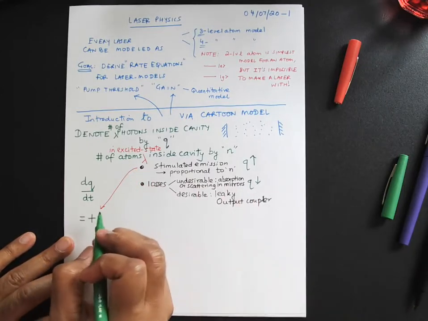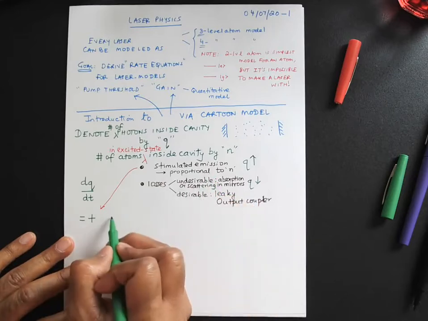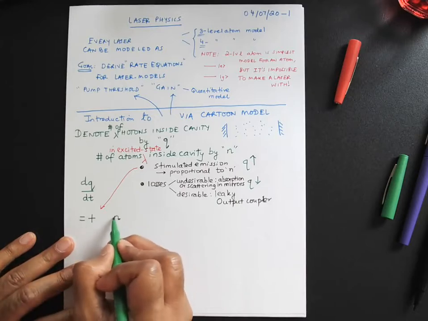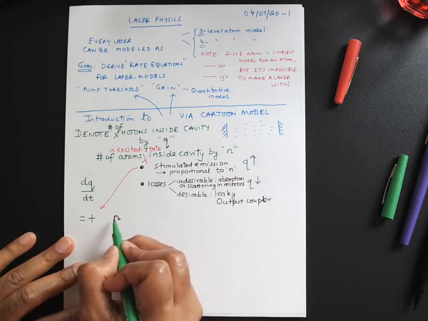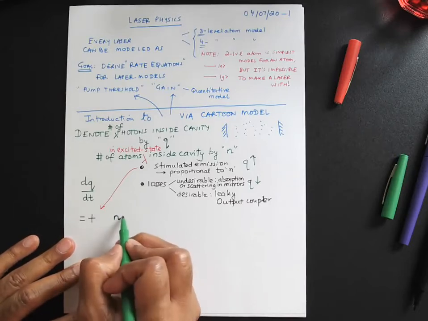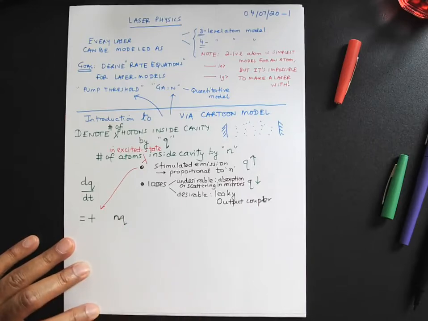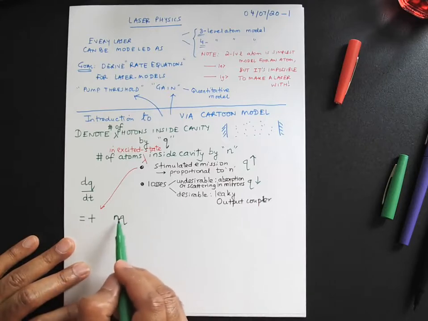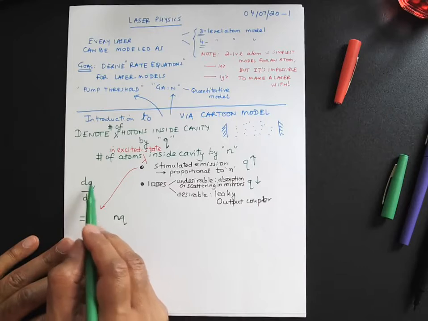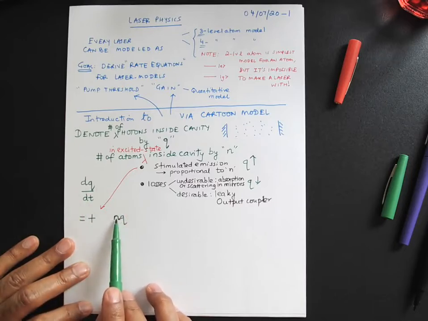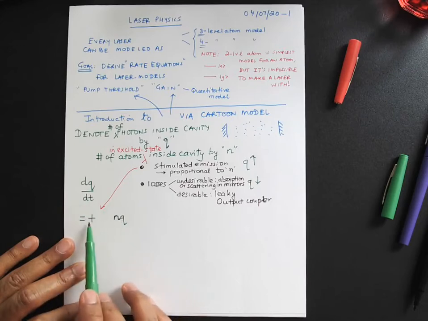This would be proportional to the number of atoms in the excited state, and these atoms in the excited state are going to emit more intracavity photons, and so the more of these two that you have, they will cause a positive change, an increase in the number of Q. It's kind of a circular thing: the more Q you have, the more atoms in the excited state, and so therefore this is a positive effect.